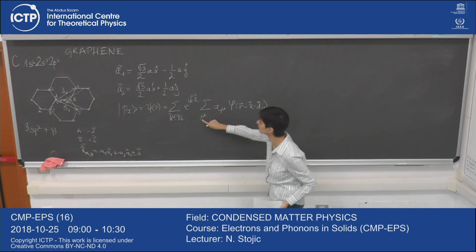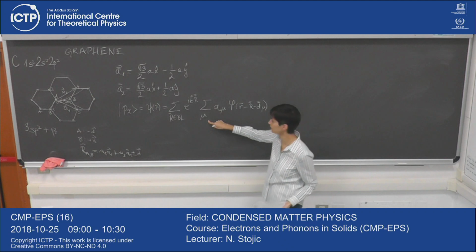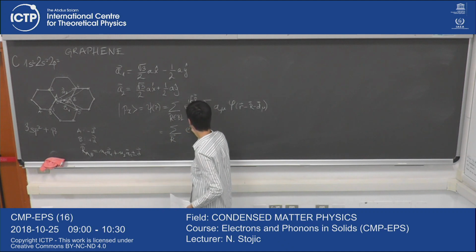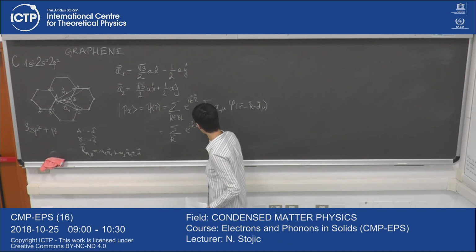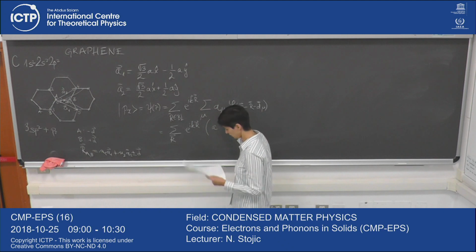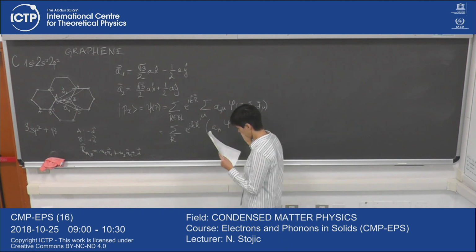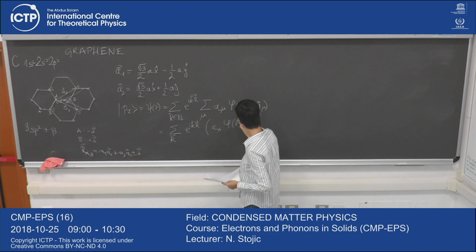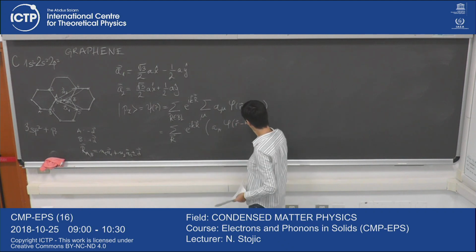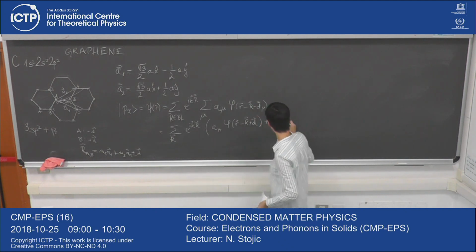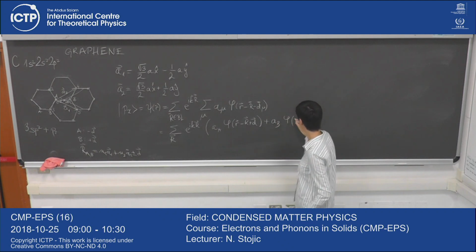But now let's expand in this mu. Now we have A and B sites: C_A phi plus C_B phi.